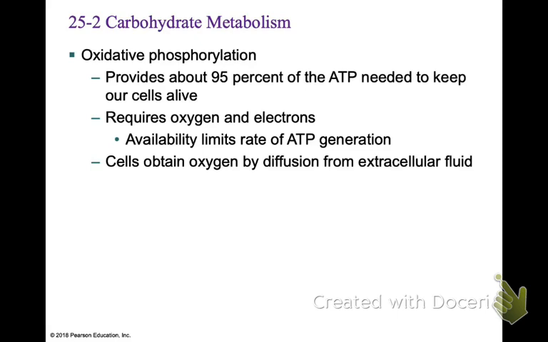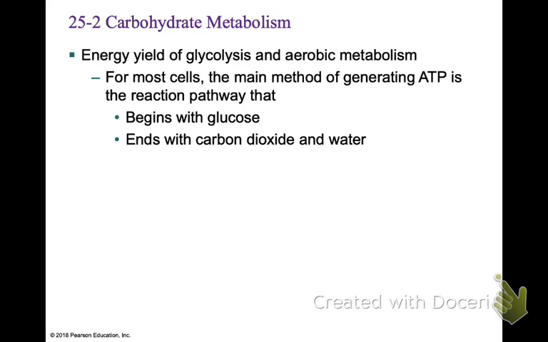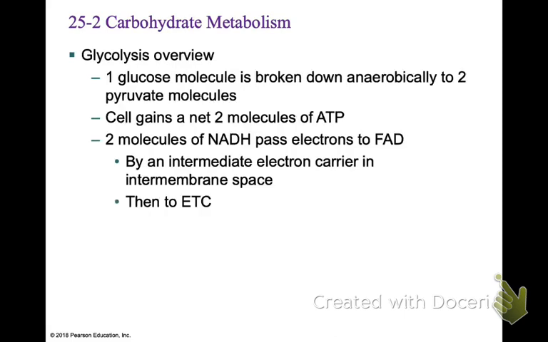And then we had 2 FADH2s, so that's about 4 more ATPs, so we're up to 34. And then we had 2 ATPs from glycolysis and 2 ATPs from the citric acid cycle, so we've got about 36 ATPs. Okay, so if you start with glucose and you end with carbon dioxide and water, you've gone through that whole process, you get the equivalent of between 32 and 36 ATPs.